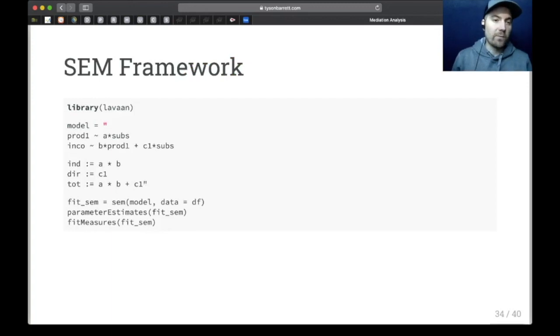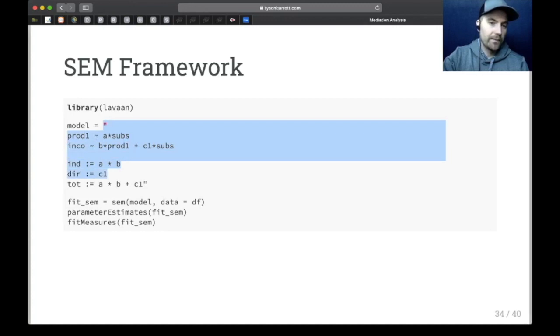When using the SEM framework, we use lavaan in R. It's the best one for the most part. There's some other good ones, but lavaan is the most complete. The way that we do the model here is we create a model object that is just text.